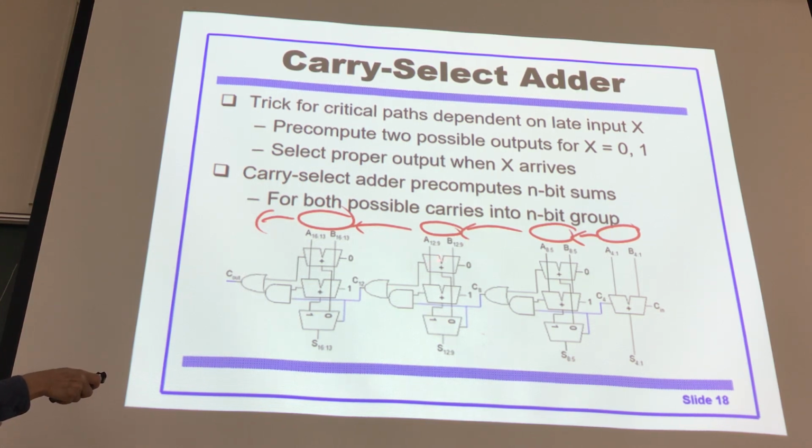Otherwise, you have to depend on the help of carry in 1. We pre-compute this version, as long as you get 1 here. Carry out 1, then you get carry out, and so forth.